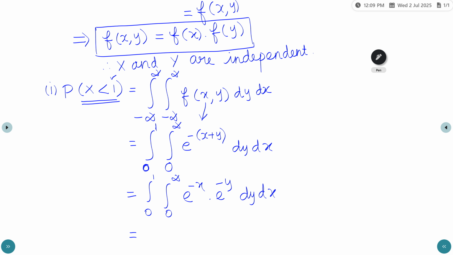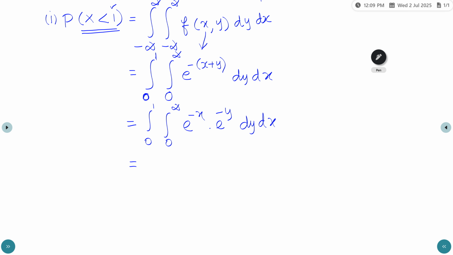First integration with respect to y. So the x part we keep as such, e power minus x. The remaining y interval 0 to infinity e power minus y dy. So first consider this interval and then with respect to x.